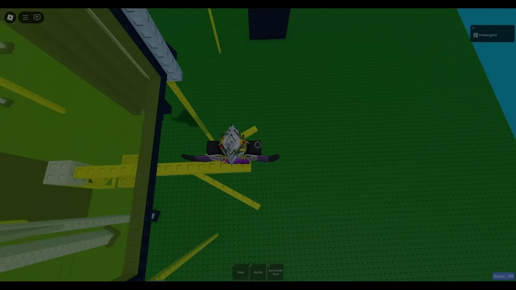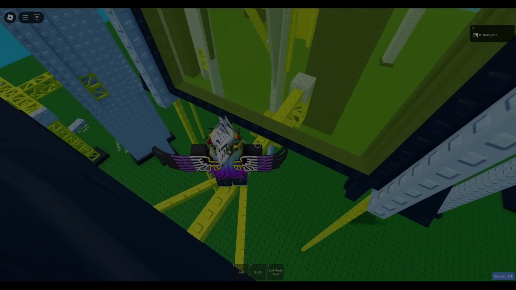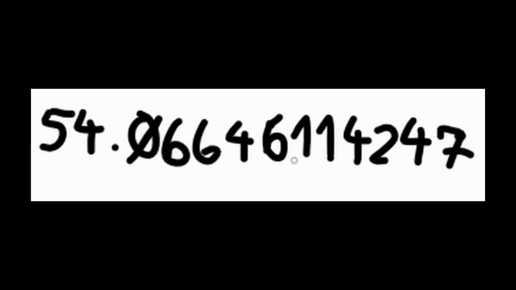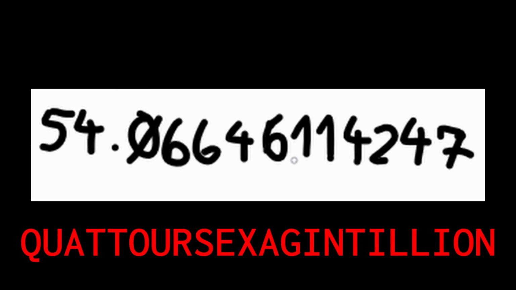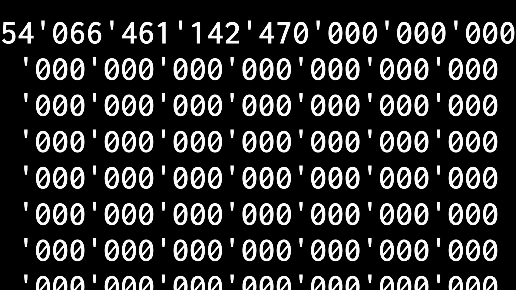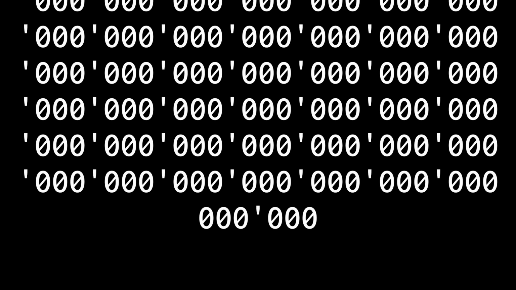This means that the total amount of avatar combinations are, wait for it, 54.06646114247 quator sexagintillion avatars, which is this number right here, and we still have 2 sections to go.